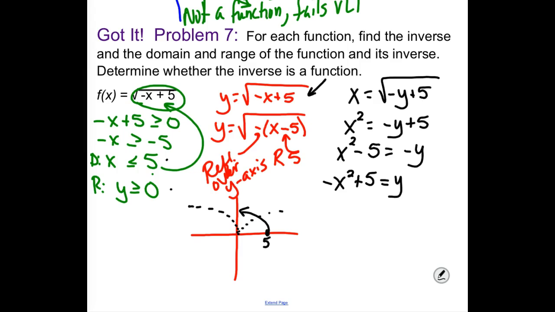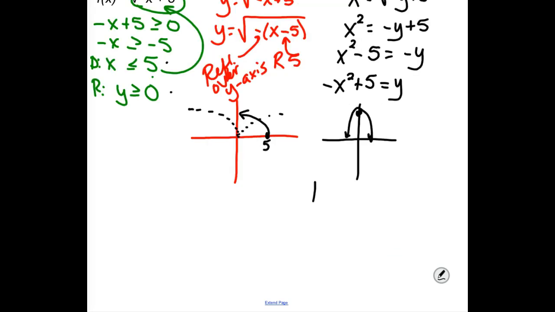Okay? Can you visualize what that graph is? It's a parabola. What have we done? It's opening down, right? We flipped it, and then we moved it up 5. So picturing it, we're up here at 5, and we have an upside down parabola. But do we have the whole parabola? What is the domain and range for my inverse?